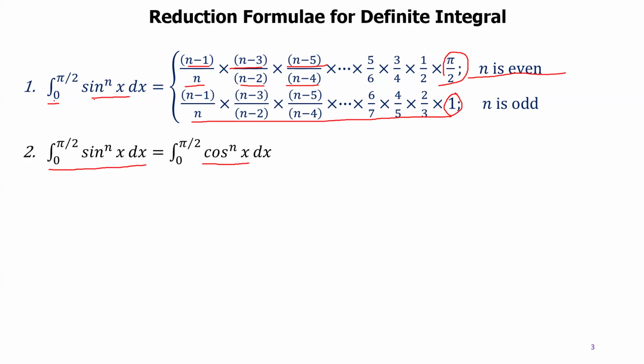Therefore, this formula is also the same for the integration of cos to the power n x dx under the limit 0 to pi by 2.